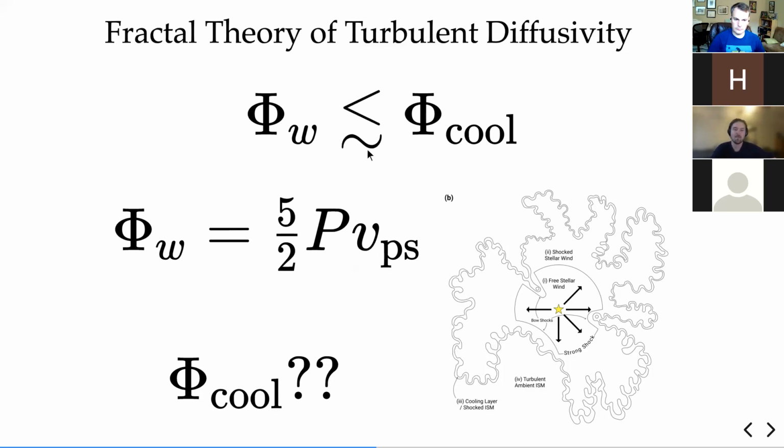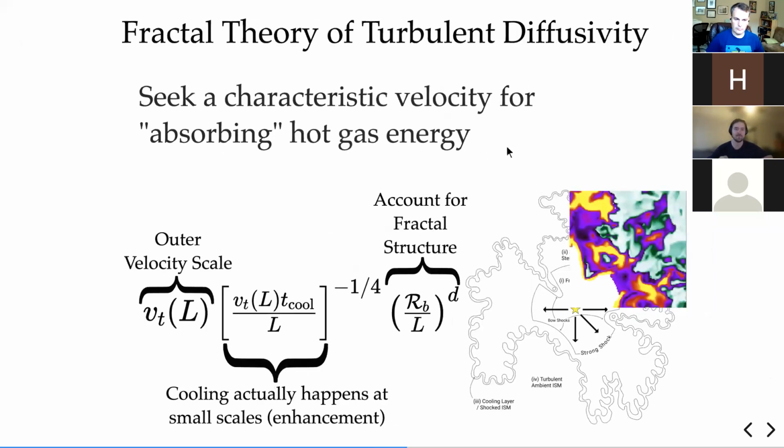So I'm transforming this from a comparison of energy fluxes to a comparison. I'm assuming that the pressure is the same on either side of this equation, and then trying to compare the post-shock velocity of the gas to some equivalent mixing velocity from cooling. So how do we think about that?